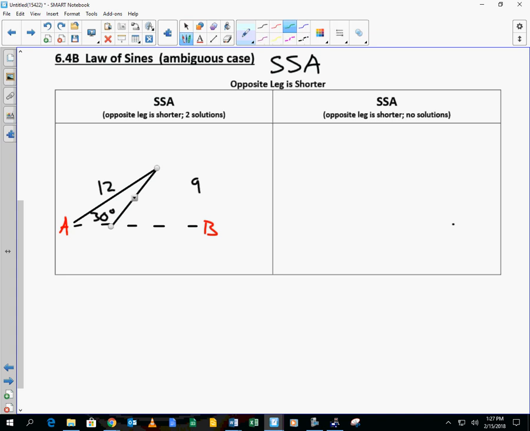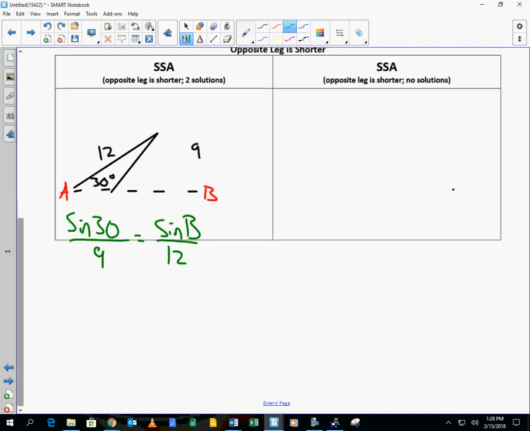I'm going to use the law of sines here to calculate what B would end up being. I have the sine of 30 divided by what? What's the opposite side? 9 is equal to the sine of B divided by what's the opposite side there? 12. Now, I know you guys all know what the sine of 30 is.